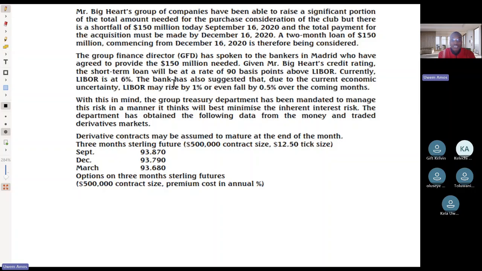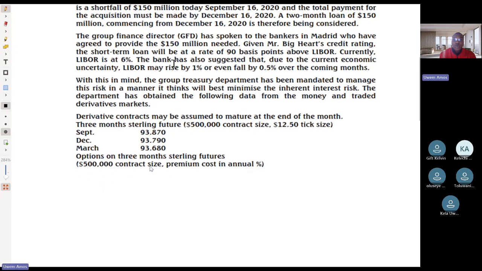3 months sterling futures, 500,000 contract size, 12.50 tick size. So we have our derivative for September, December, and then we have a derivative for March. Options on 3 months sterling futures.